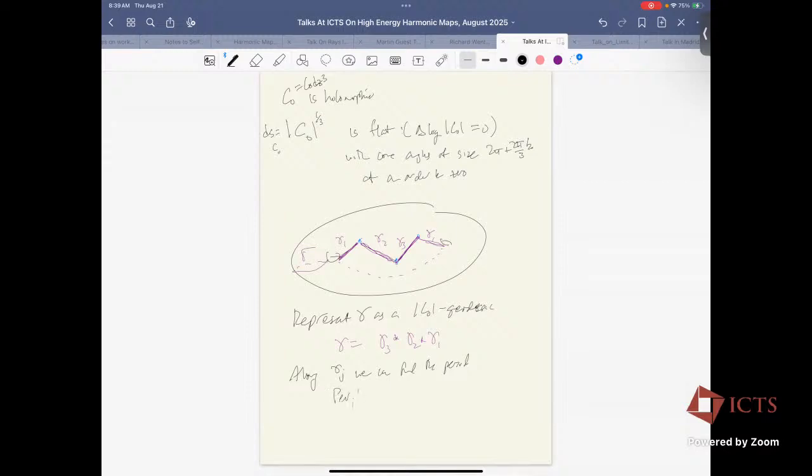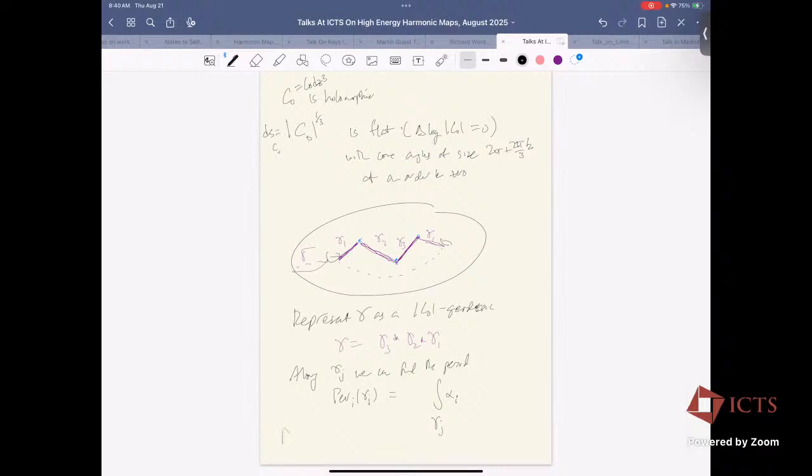I'll say period I of gamma J, by which I mean I take one of these cube roots, say alpha I, and then I figure out what is the integral of that holomorphic one form over this uniquely defined arc gamma J. And so that's a period of gamma J. I have three of them. They differ by cube roots of unity, but I have these periods. And this is all in terms of the geometry of C0.